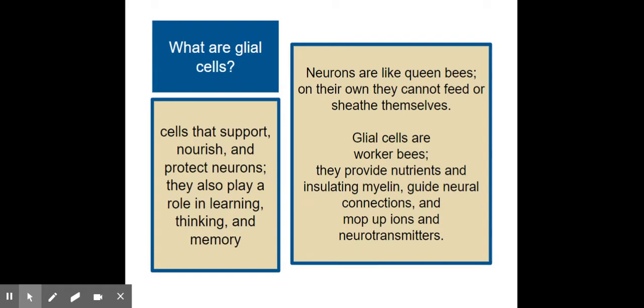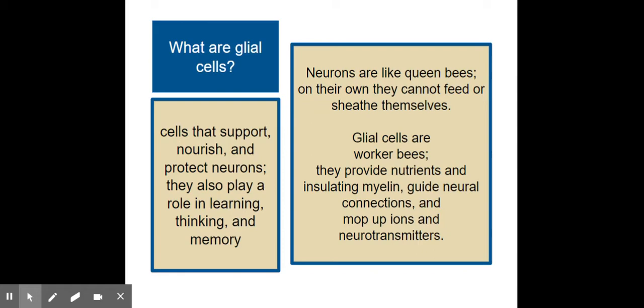Okay, moving on. Glial cells. Glial cells are like the support cells. They help the neuron grow and take care of itself. They provide nutrients. They help with insulation in the myelin sheath.